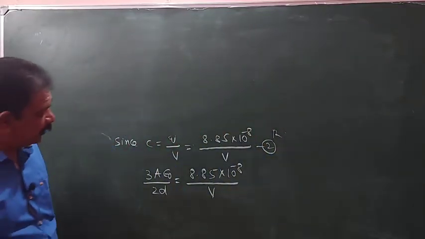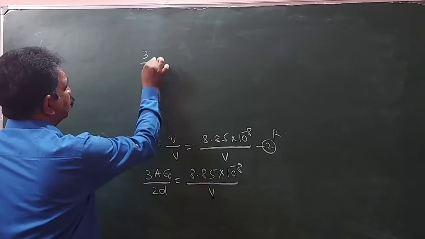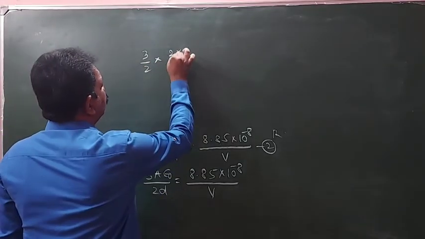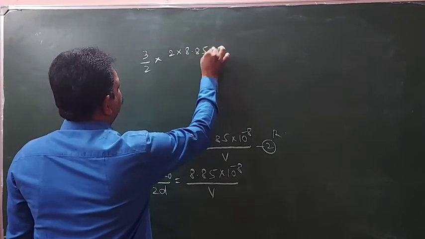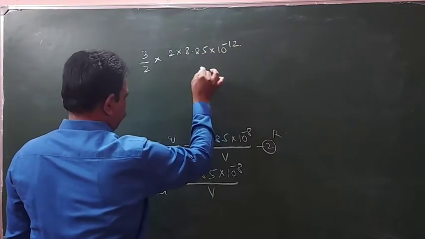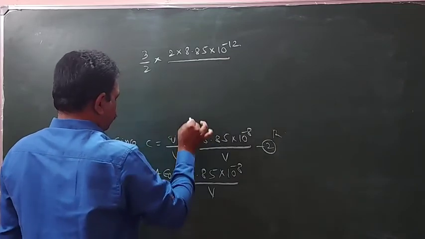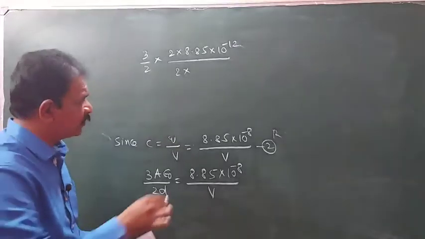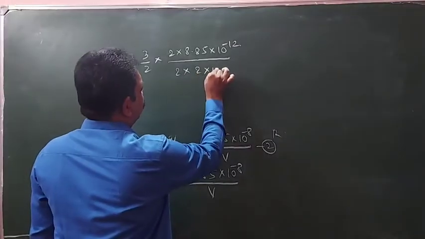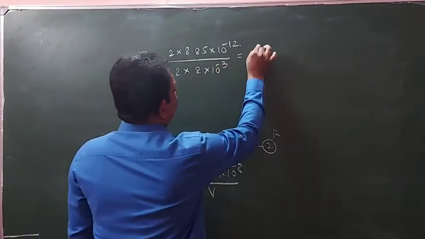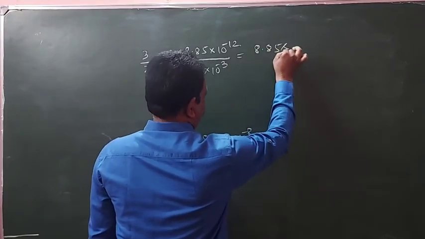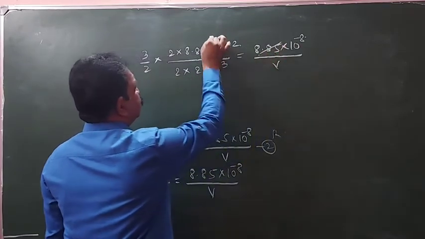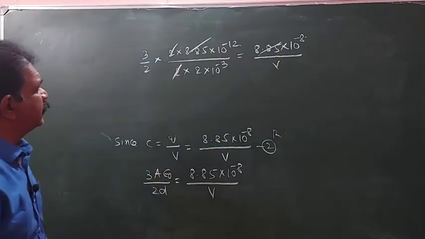So 3 by 2. A value will be 2. 8.85 into 10 power minus 12 by 2 into distance, they gave it as 2 into 10 power minus 3, equals 8.85 into 10 power minus 8 by V. These two will cancel, these two will cancel.